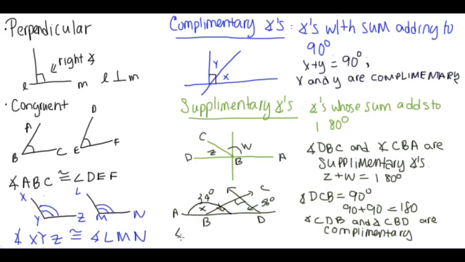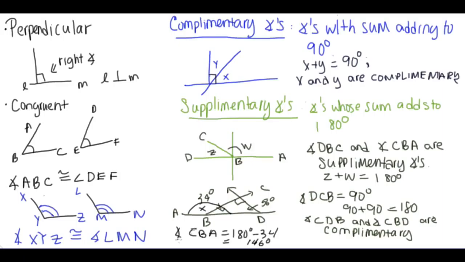So that means that angle CBA is going to equal 180 degrees minus 34 degrees, and that equals 146 degrees.